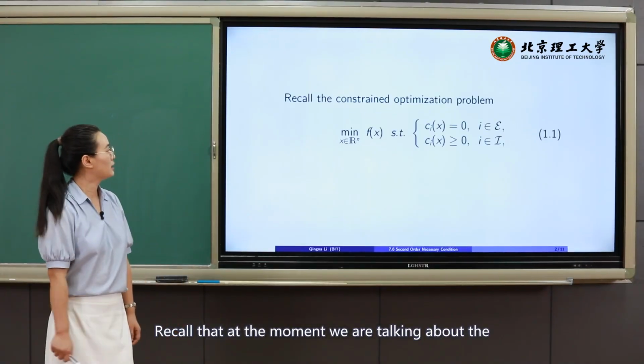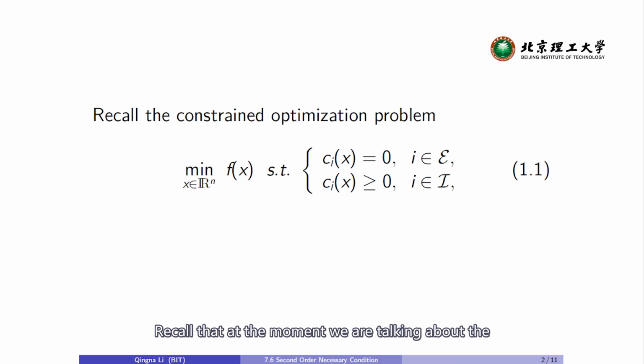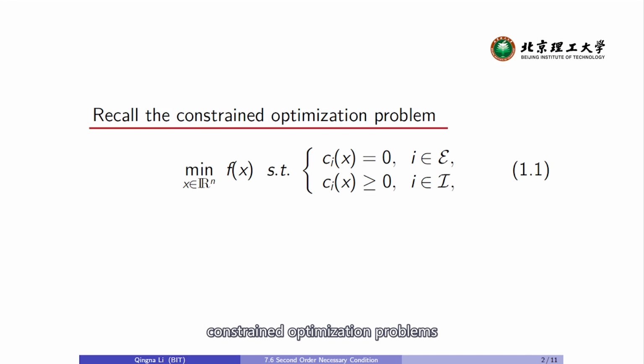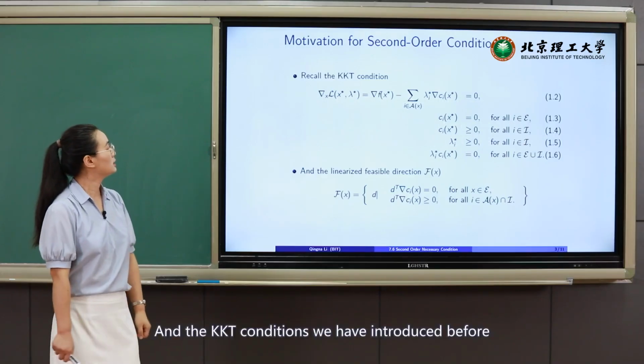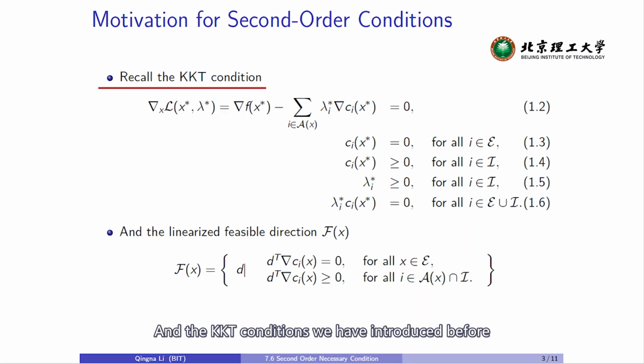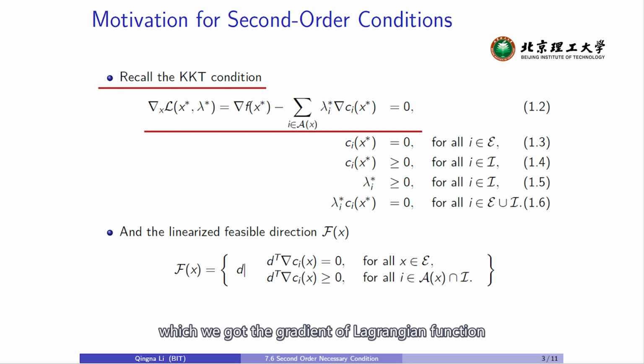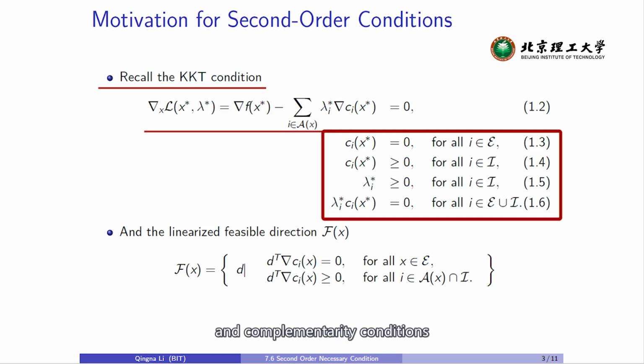Recall that at the moment we are talking about constrained optimization problems with equality constraints and inequality constraints. The KKT conditions we have introduced before are as follows: the gradient of the Lagrange function with respect to x is 0, as well as feasibility conditions and complementarity conditions.